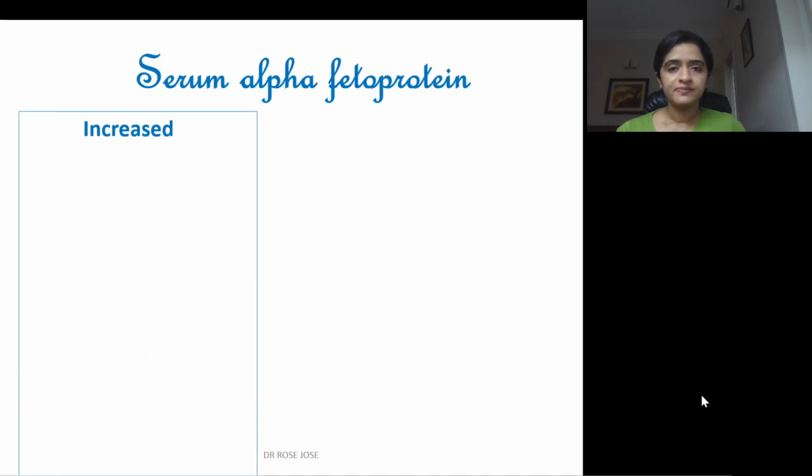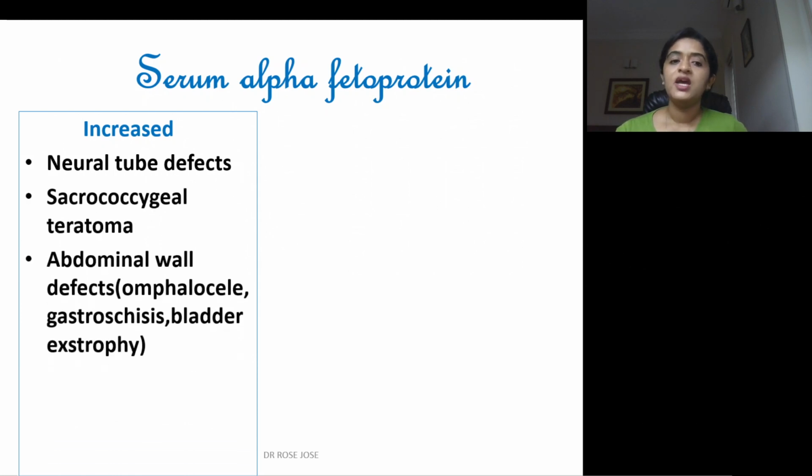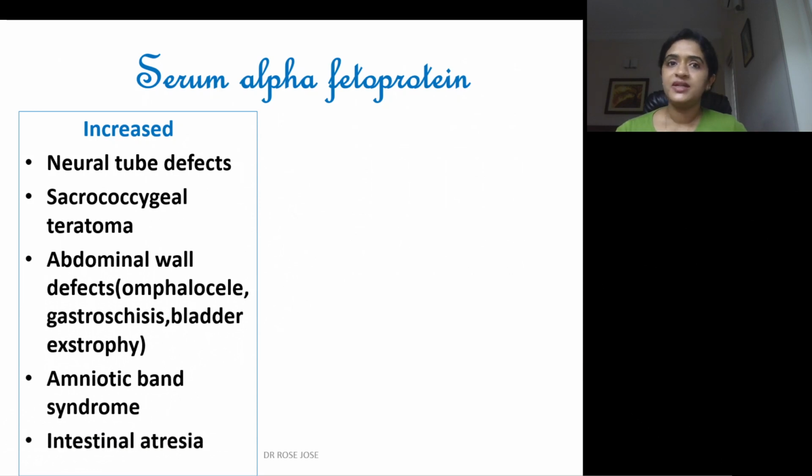This is again a very useful chart so that you can pick the answer very easily. Serum alpha fetoprotein is increased in neural tube defects, sacrococcygeal teratoma, abdominal wall defects, omphalocele, gastroschisis, bladder exstrophy. Then if there is an amniotic band syndrome, then intestinal atresia.